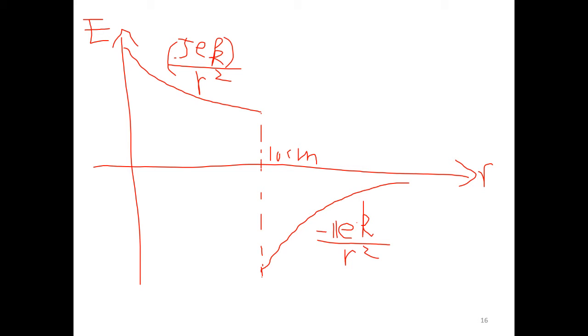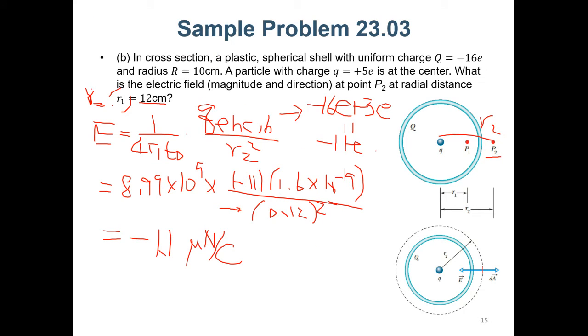Inside it will be 5e, outside it will be minus 11e k over r squared. When r is smaller than 10 centimeter and you have a Gauss surface here and then you further increase, it only encloses this Q. But after r is larger than 10 centimeter, you enclose both of them.